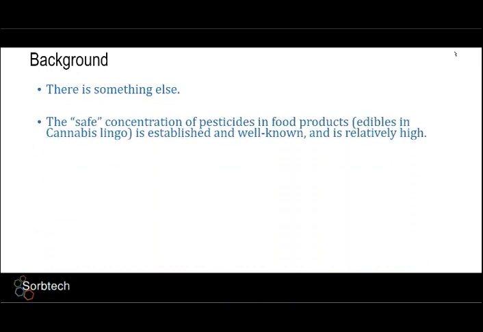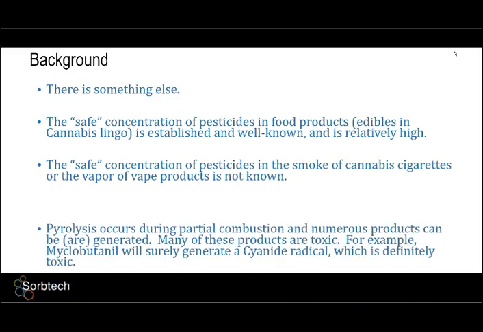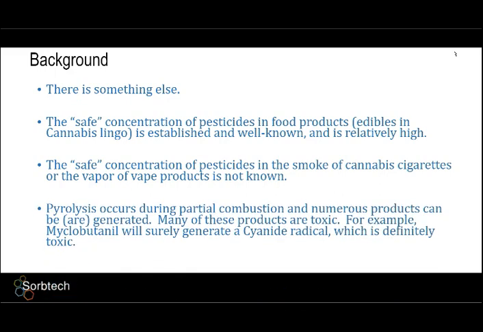There is something else that people in the cannabis field need to know. The safe concentration of pesticides in food products, which in the cannabis field are edibles, is established and well known, and it's actually a relatively high level. But the safe concentration of pesticides in cannabis cigarette smoke or the vapor of vape products is simply not known. Nobody's ever tested for it.